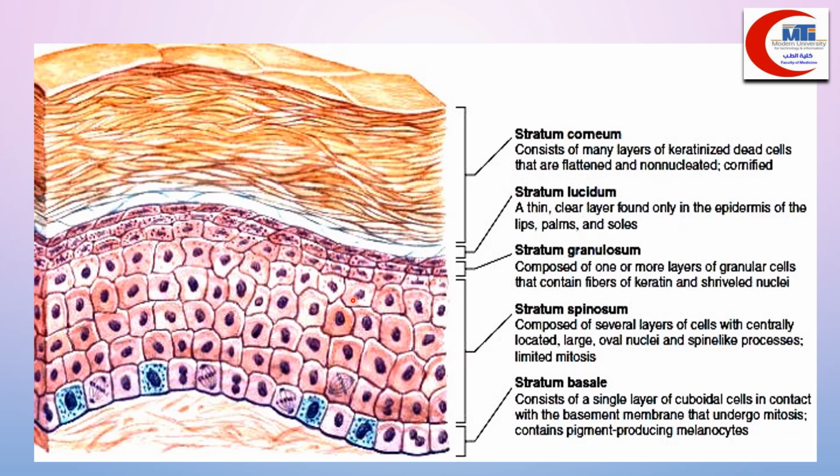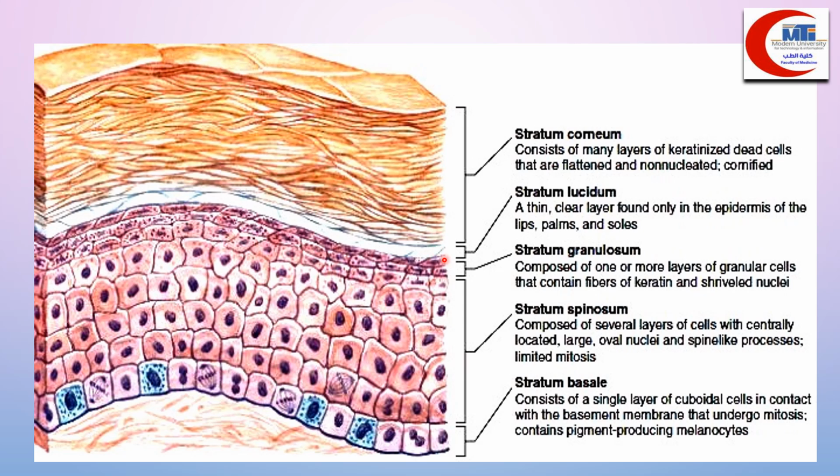Lamellar granules, which are membrane-bounded granules, contain lipid and lipoprotein. When liberated into the intercellular space, they act as a cementing substance, forming a barrier, adhering the cells to each other, preventing evaporation of water, and acting as waterproofing for the skin.